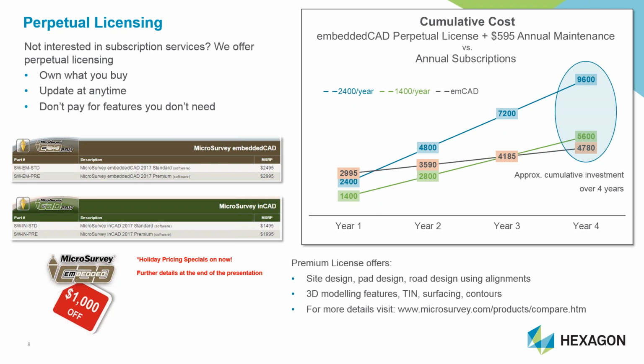You can upgrade at any point. You own the software, so you can use it indefinitely into the future. And also note, I have added the $595 annual maintenance here, so you are able to upgrade to every new version as they're released. So you know, embeddedCAD 2018, 2019, as they come out with that annual maintenance, you're able to update at any time.